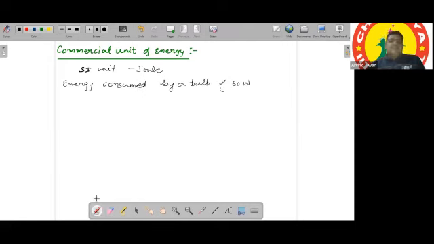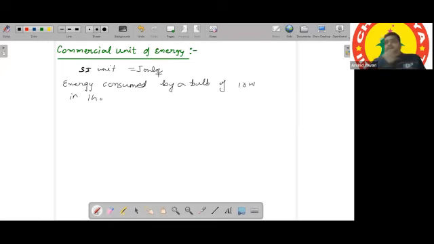Or let's say just a 10 watt bulb, I am not even going to 60 watt. How much electrical energy is consumed by a bulb of power 10 watt in 1 hour, that we want to compute in the SI system of units.